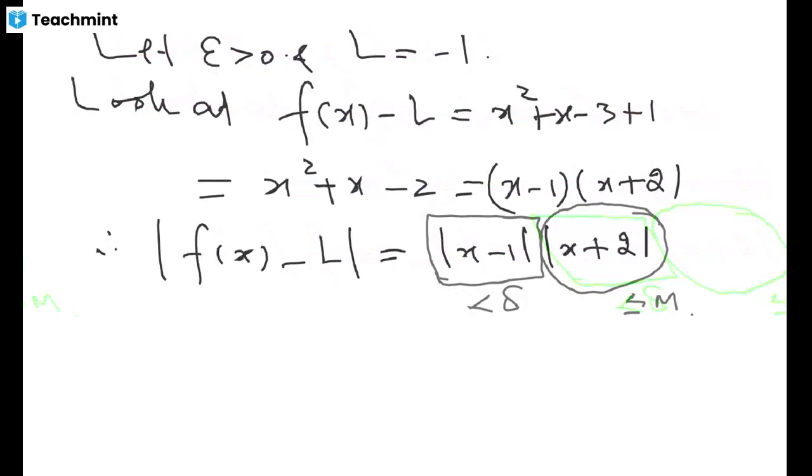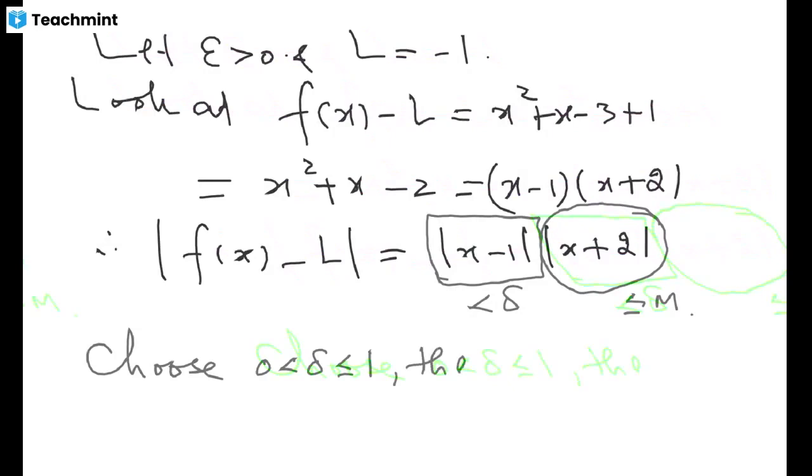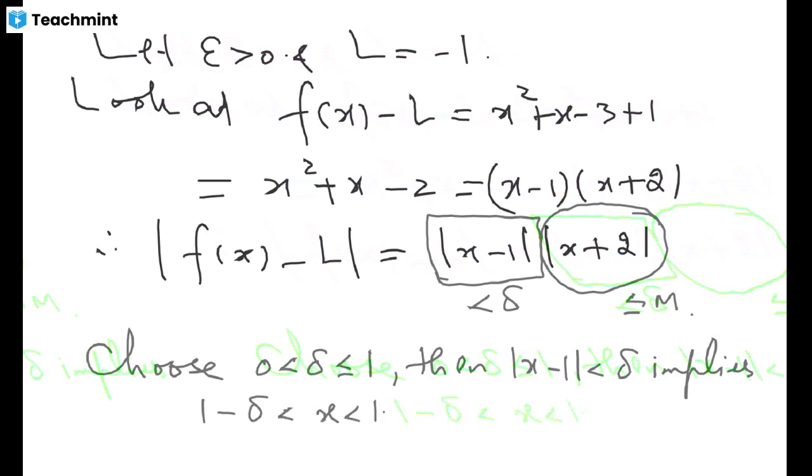So there is a choice. If we choose 0 less than delta less than or equal to 1, see what happens. We can see that the absolute value of x minus 1 less than delta implies 1 minus delta less than x less than 1 plus delta.